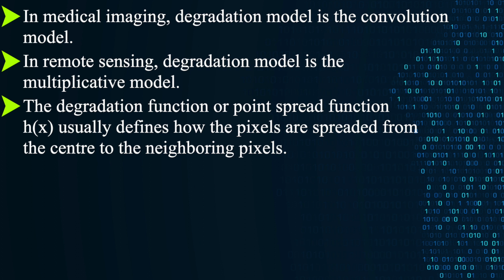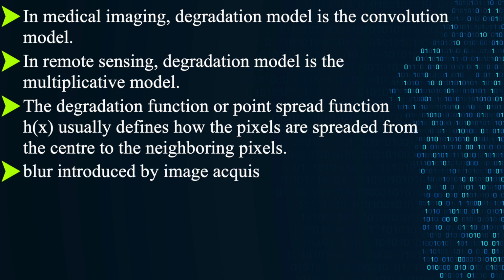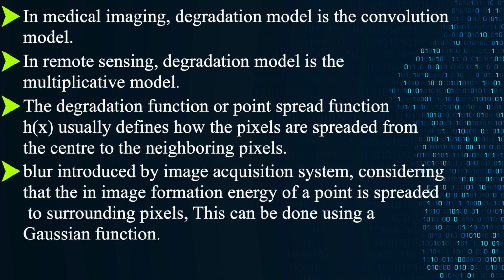These functions guide the restoration as a way to simulate the blur introduced by the image acquisition system, considering that in image formation the energy of a point is spread to surrounding pixels.